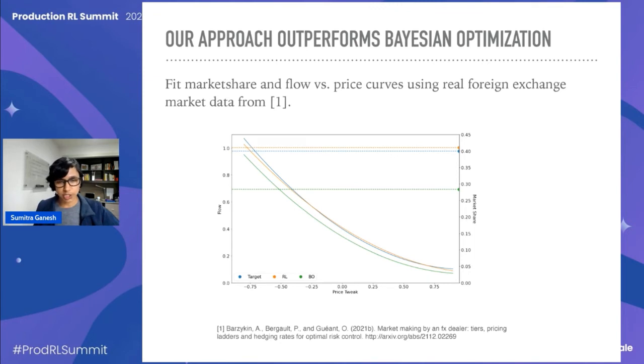The blue curve here is extracted from actual market data, and that is the target that we want to match. The orange curve is the fit we are able to achieve with RL-based calibration, the method I just described. And what you see in green is the fit achieved by Bayesian optimization. As you can see, we are able to achieve a far better fit than Bayesian optimization. And this is true for the market share targets as well.